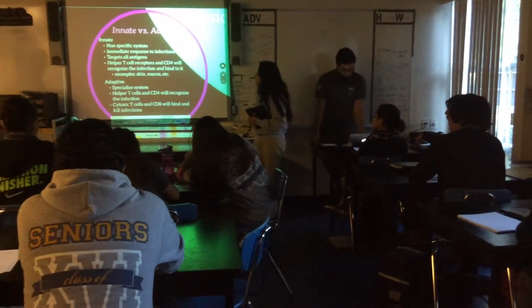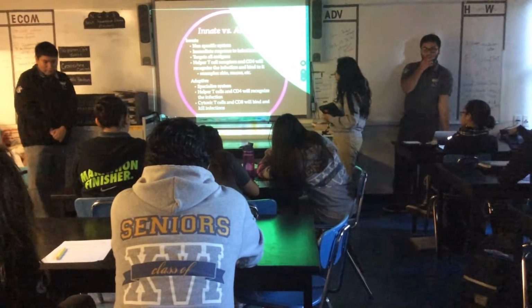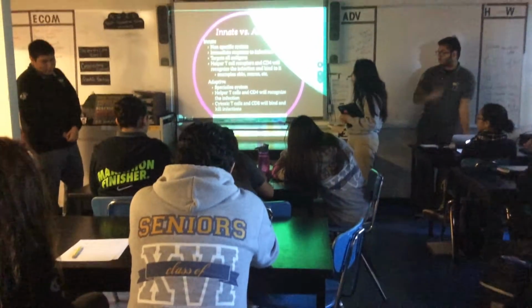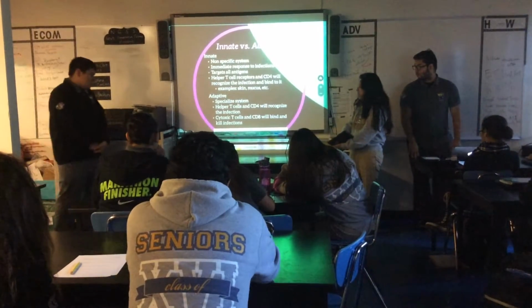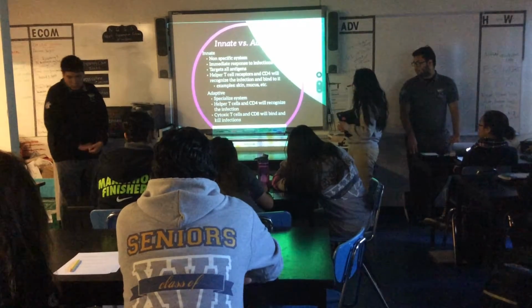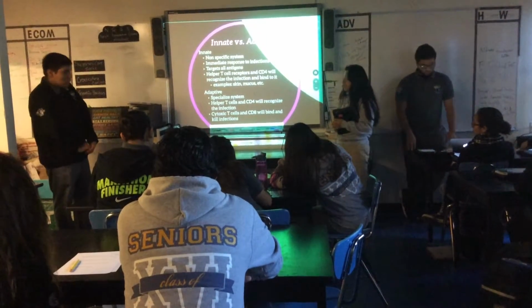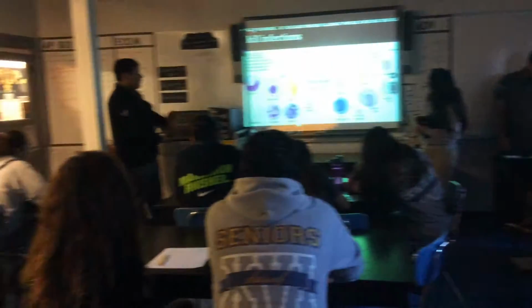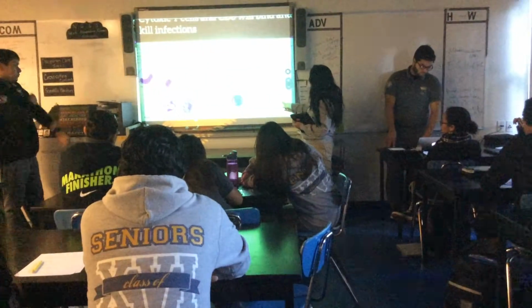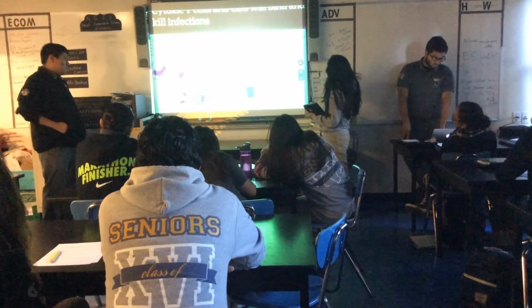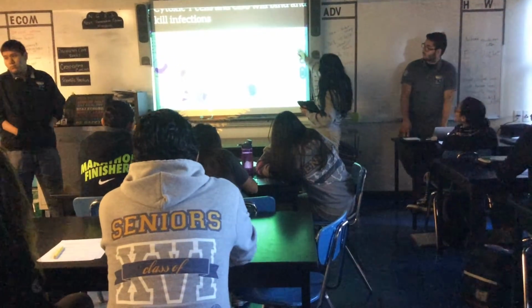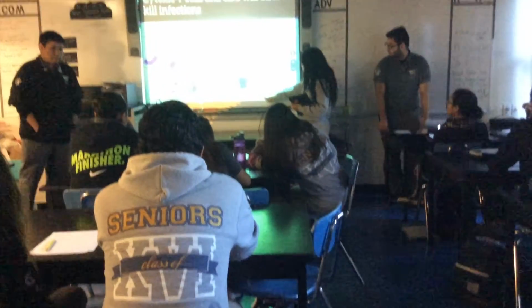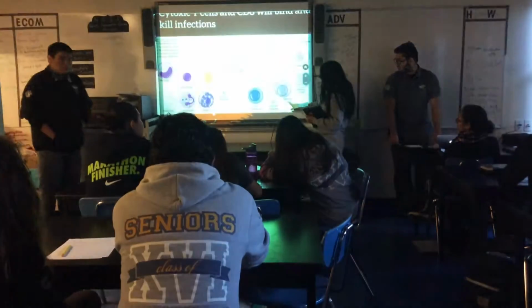And then adaptive is a specialized system. Helper T cells and CD4 recognize the infection, and the toxic T cells and CD8 will bind and kill infections. So basically, those are the cells for the adaptive immunity. As you can see, we have the antibodies, the toxic response, and the memory T cells.